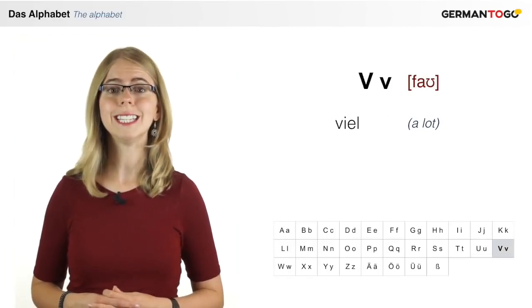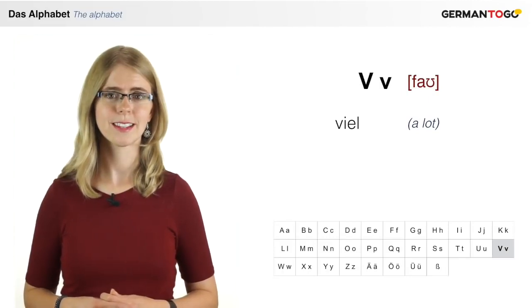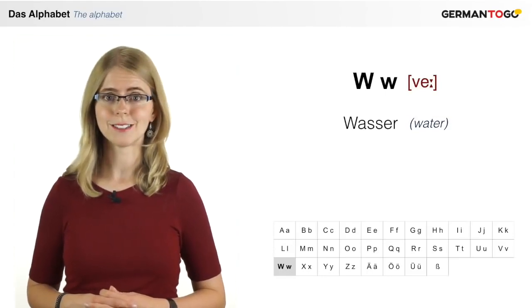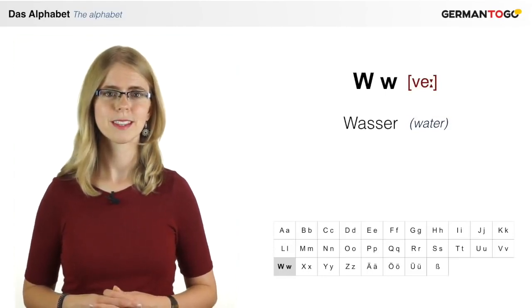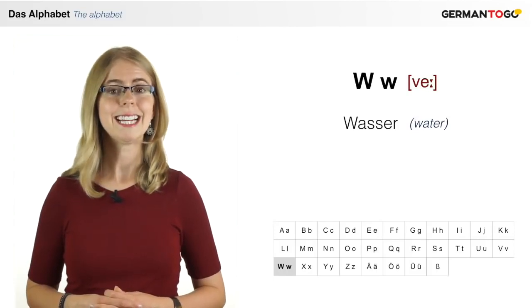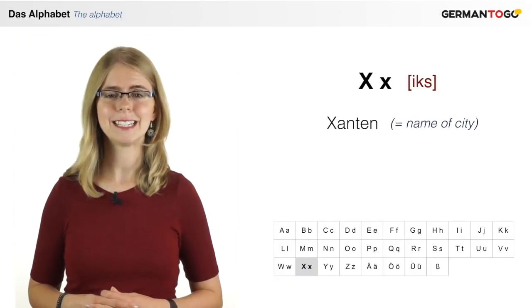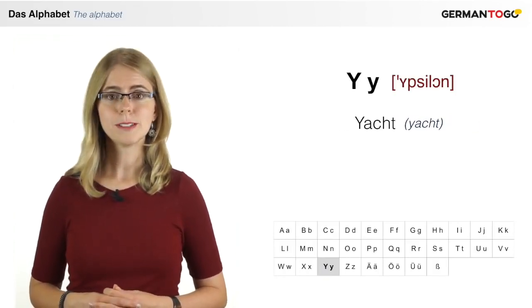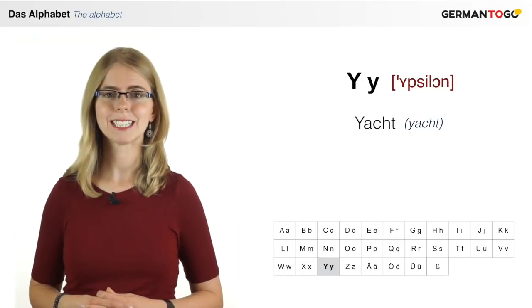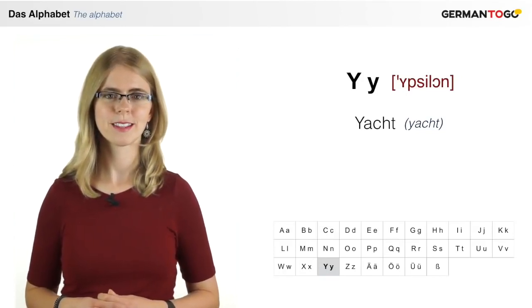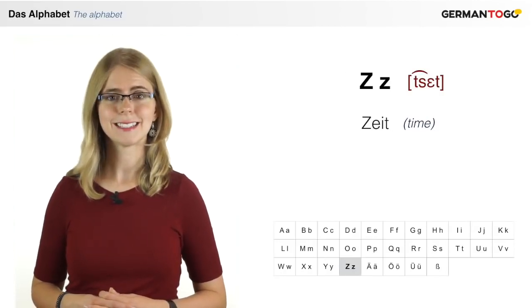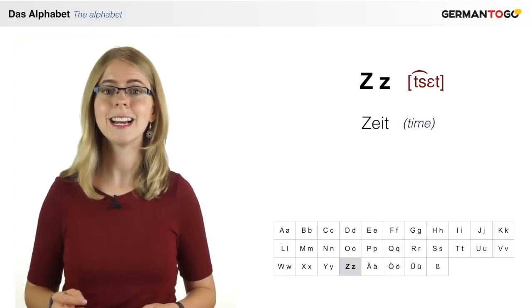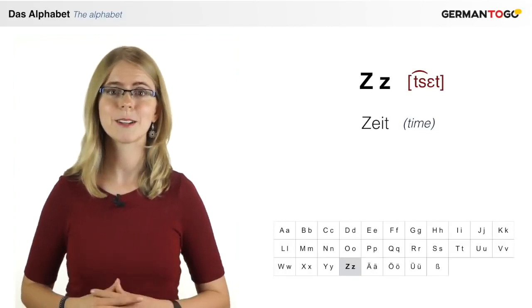V, viel. W, Wasser. X, Xanthen. Y, Yacht. Z, Zeit. It's like TS, Zeit. Z, Zeit.